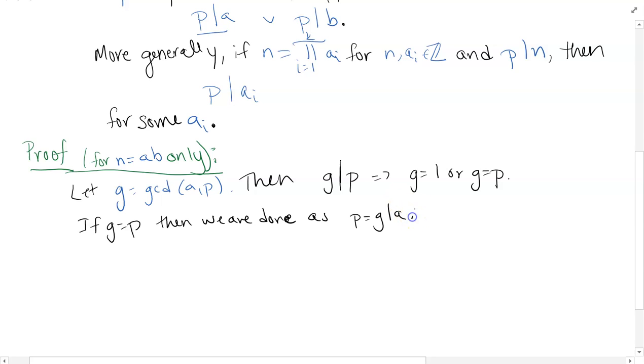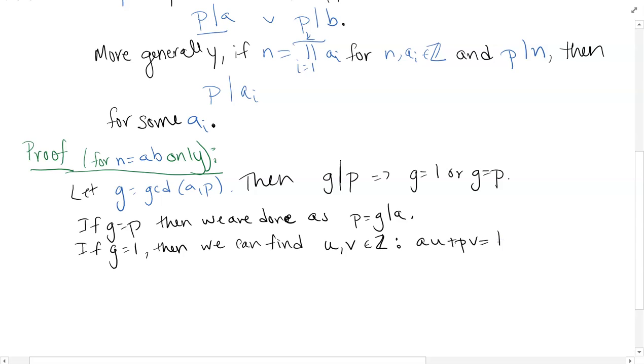Now, if this isn't the case, then we have a little bit more work to do. If G is equal to 1, then we remember that we can use the Euclidean algorithm. We can find integers u and v such that au plus pv is equal to 1.